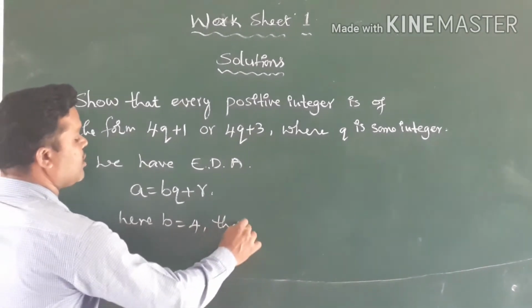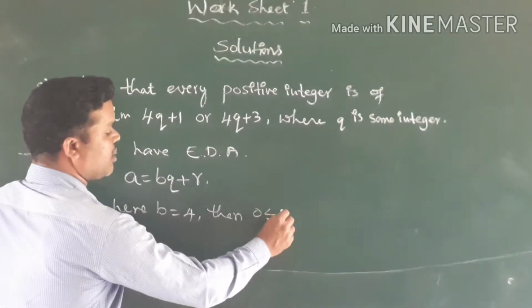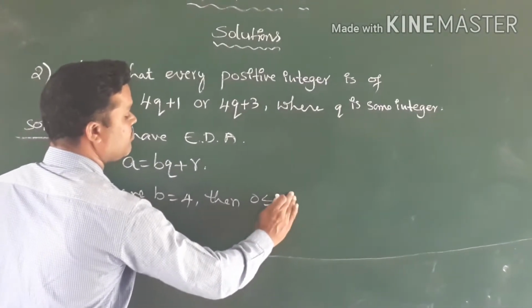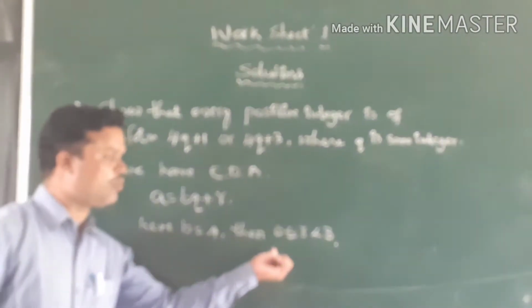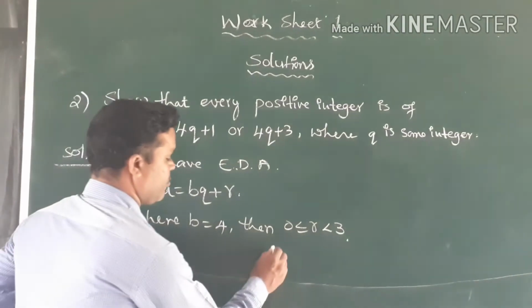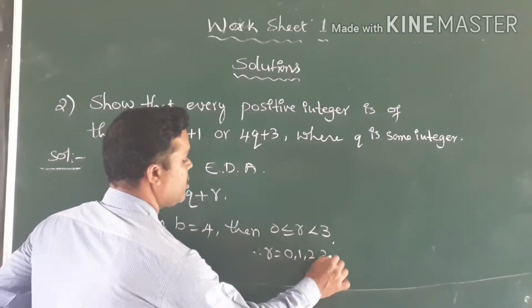Then the remainder always lies as 0 is less than or equal to R is less than 4, so the R values are 0, 1, 2, 3.